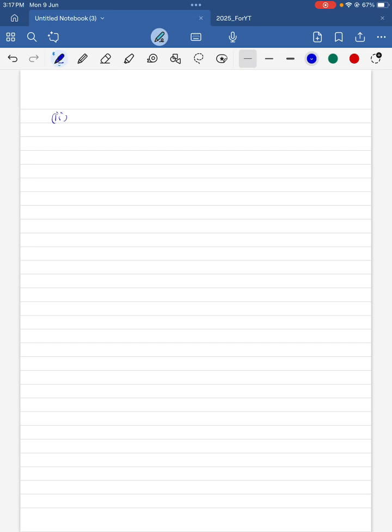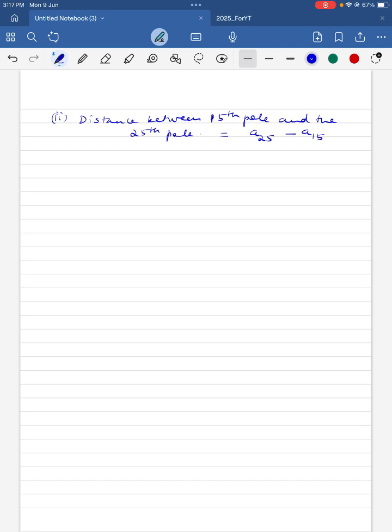They've asked you to find the distance between the 15th pole and the 25th pole. We know that the distance of the 25th pole will be A25. And if I subtract A15 from it, I will get the distance between the 15th pole and the 25th pole.